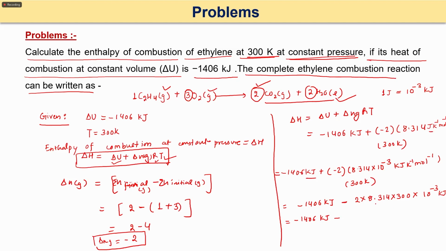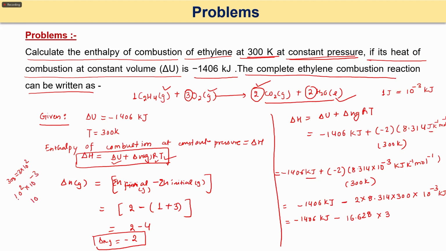So minus 2 into 8.314, and we can write this 300 as 3 into 10 to the power 2. Okay. This 300, you can write as 3 into 10 to the power 2. And here we have 10 to the power minus 3. So 10 to the power 2 into 10 to the power minus 3, what will it become?